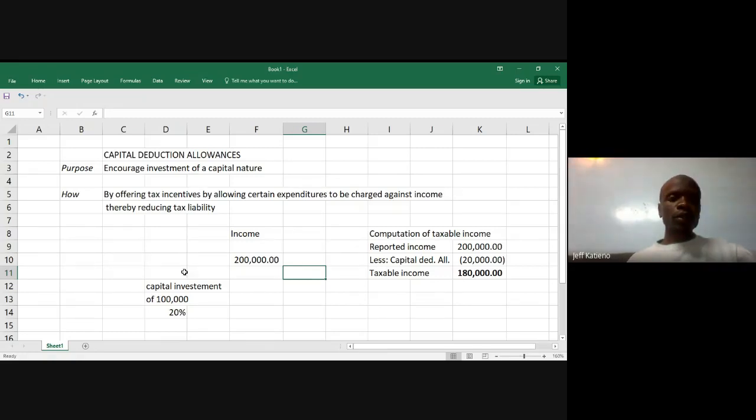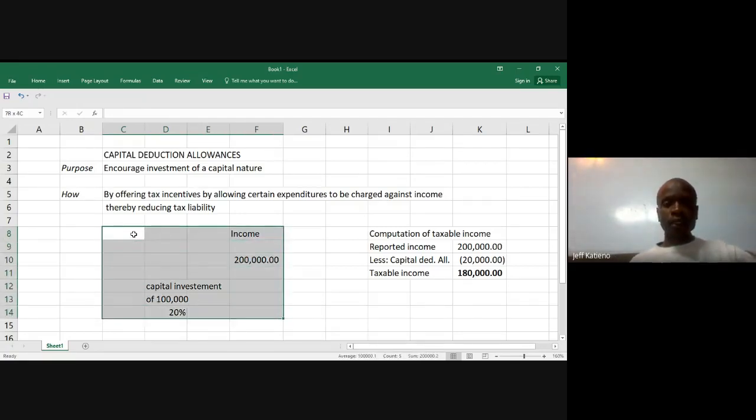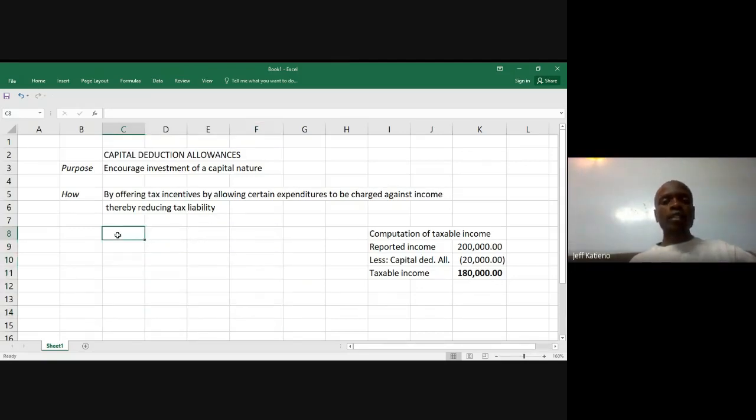Now let me go to a deeper explanation. I'll show you how the previous regime was, because there was an amendment to the Income Tax Act in 2020, which adjusted something. Just so that you appreciate the change, I will take a brief time to show you how the previous regime operated. We used to have wear and tear allowance, a capital deduction allowance.